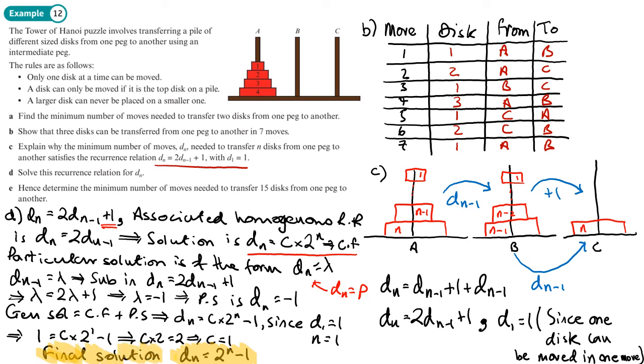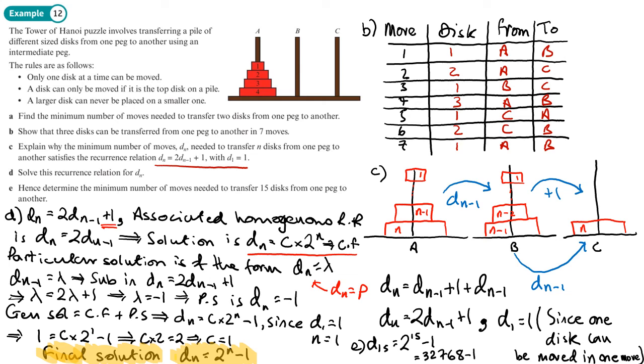Then the last part of this question is part E. Got a little bit of space down here to do part E. I don't think I need a lot of space. Hence, determine the minimum number of moves needed to transfer 15 discs from one peg to another. The number of moves for 15 discs is just 2^15 minus 1. 2^15 is 32,768.